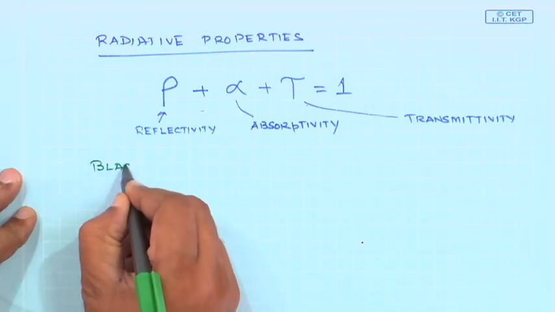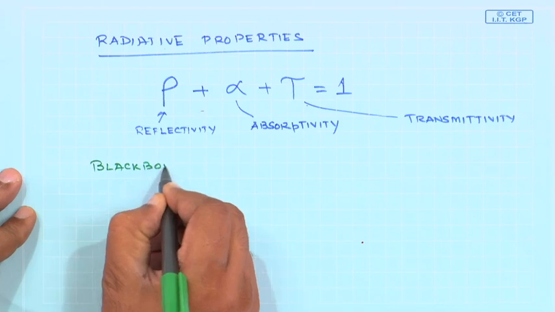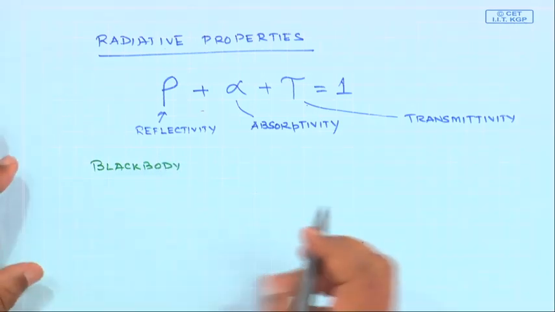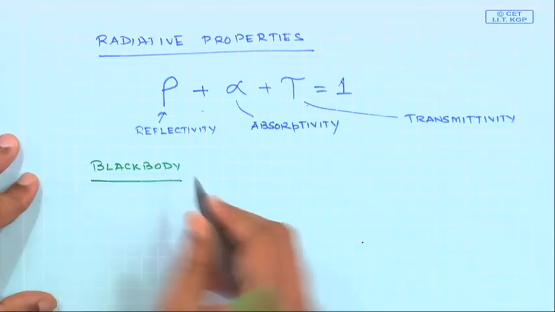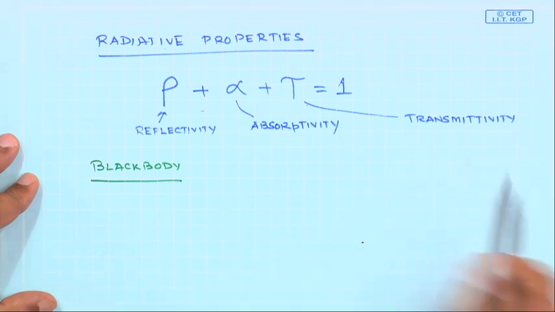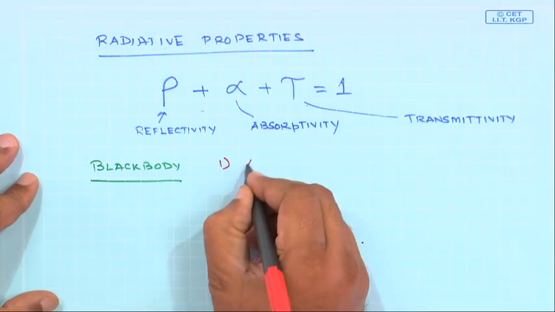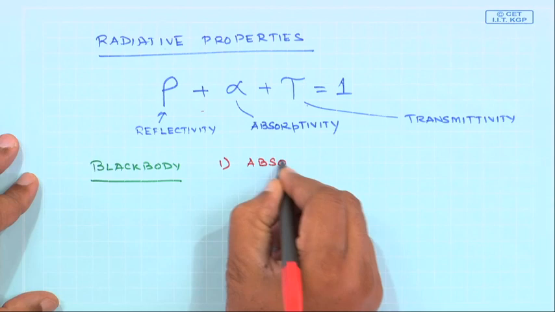So, let us note down the special characteristics of a black body. It is an idealized concept, and the first one is it absorbs everything, as I said.